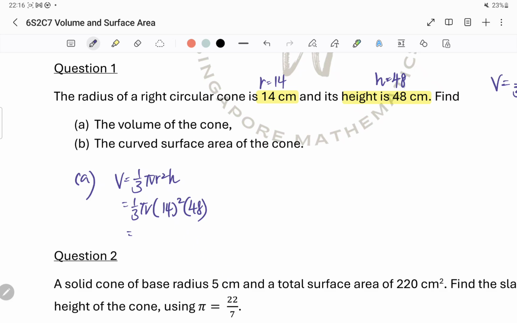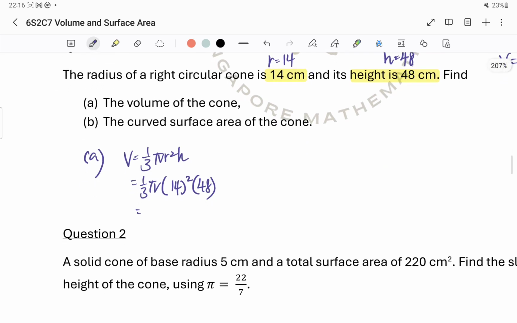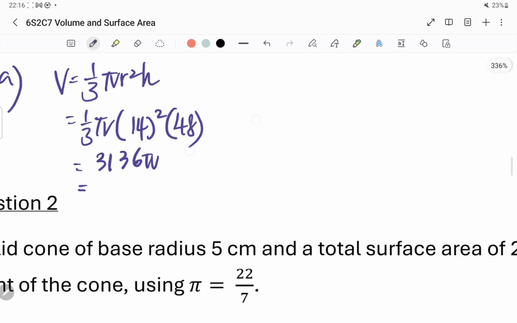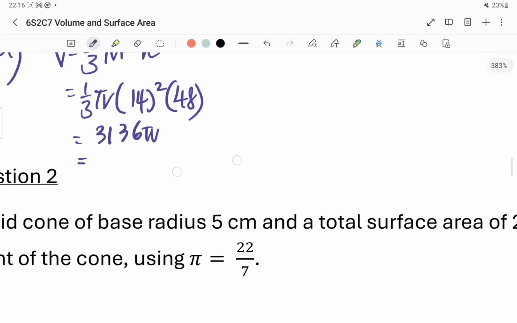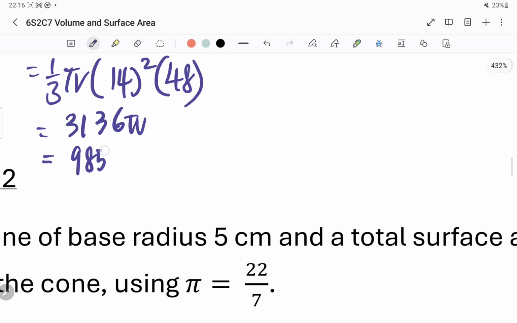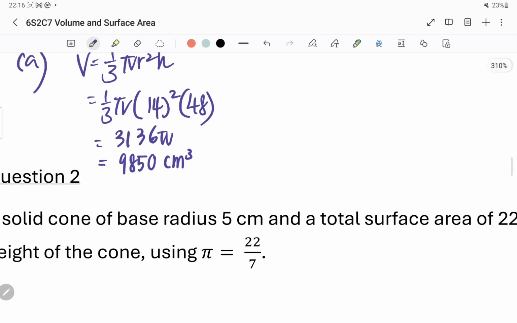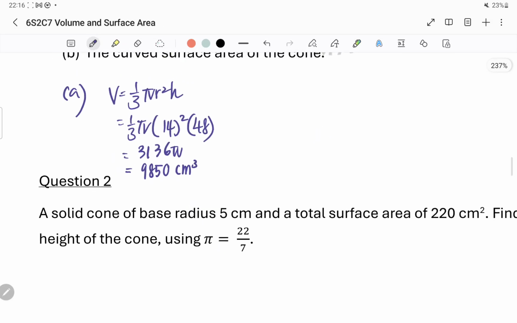Because this is a non-exact number, you write it to 3 significant figures. So here we have 9850 cm cubed. So we are finding the volume.